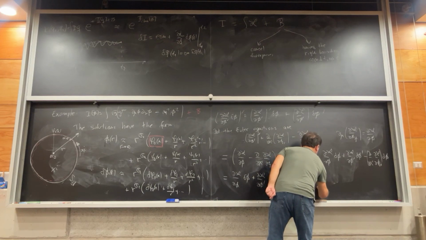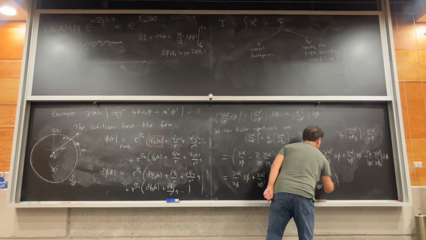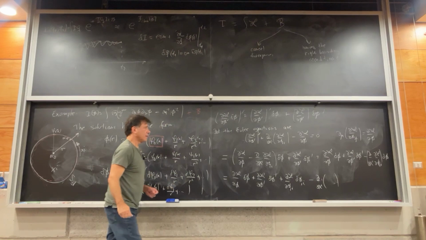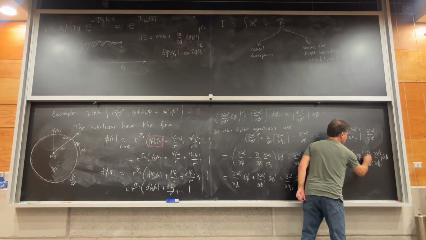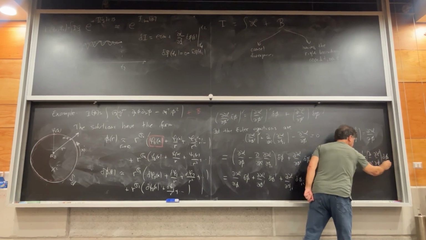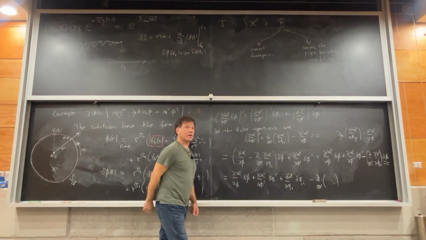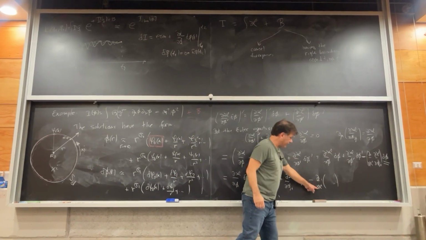There's a minus sign here, and there's a derivative acting on this piece. So I pass the derivative to this piece and then plus a boundary term, a boundary term on the transverse coordinate.